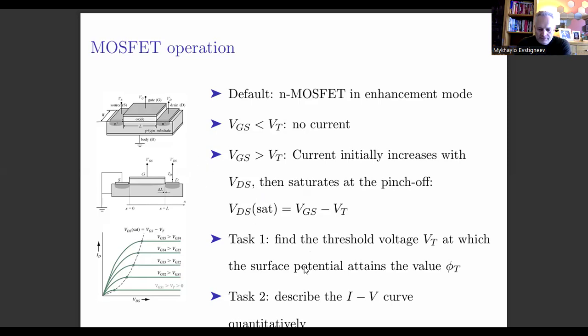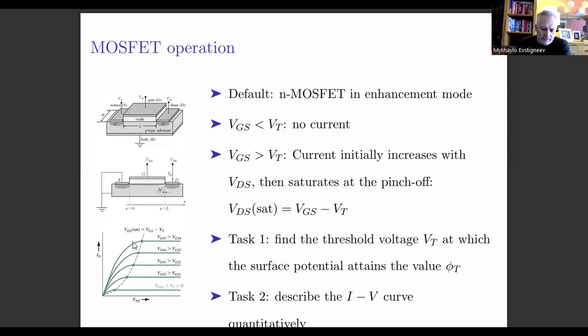All right, and here is the qualitative picture of what the current voltage curve of the MOSFET transistor looks like, depending on the gate voltage. So initially, the current in the drain increases with the drain voltage approximately linearly. So this is the ohmic regime.